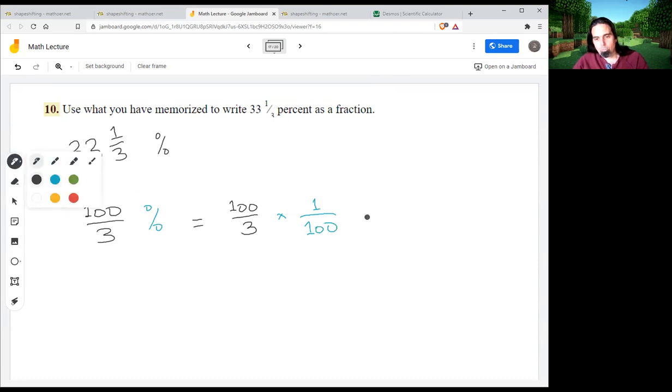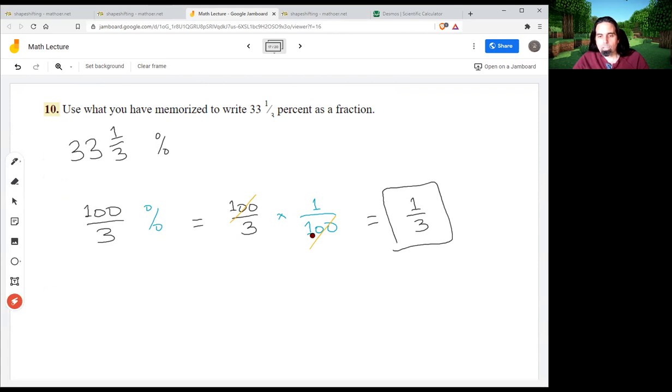This is just a warm up for canceling. We'll talk about canceling soon. And we get 1/3. If you don't know about fraction multiplication and canceling yet, you could also just think that this is 1/3 of 100. 3 of these make 100. So it's going to be 1/3 of 1, because 100% is a whole.